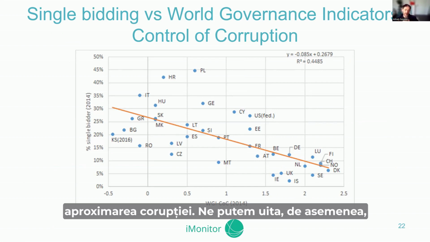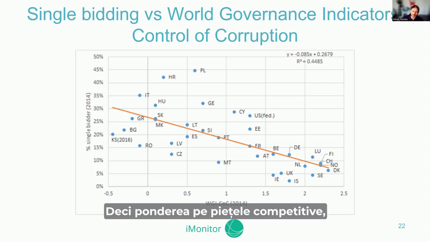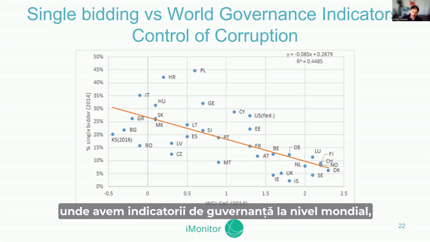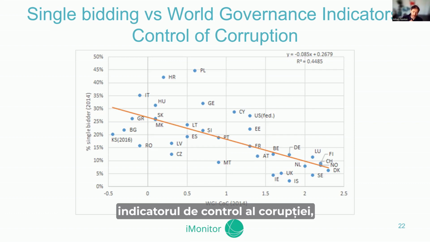We can also look at the country level averages, and this is mainly European and some non-European countries. The rate of single bidding on competitive markets is on the y-axis, and on the horizontal x-axis we have the Worldwide Governance Indicators' control of corruption indicator, which is a perception-based indicator, but it's relatively good in differentiating high and low corruption countries.